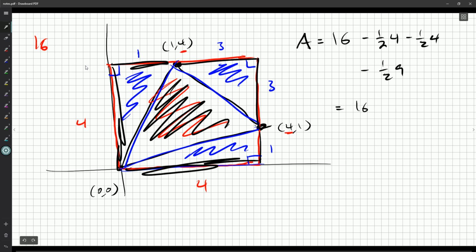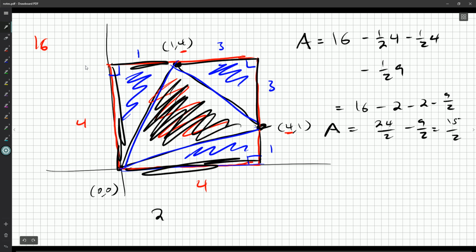So 16 minus 2 minus 2 minus 9/2. That's 24/2 minus 9/2, which is 15 halves. So that's the area of this particular triangle.